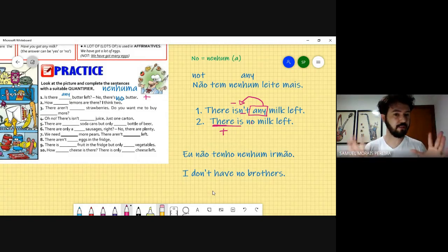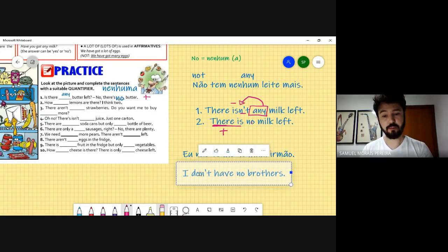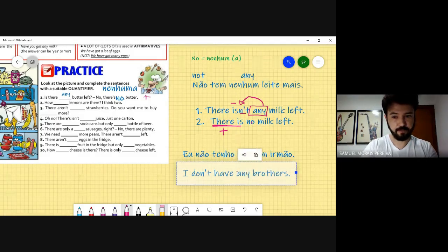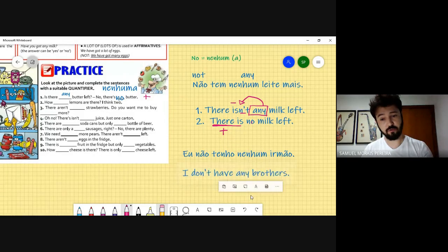Eu não tô falando de músicas de rap, essas coisas não, tá? In standard English, no inglês padrão, you can't use two negatives at the same time. So it's impossible to say don't and no. So when you have don't, você não pode usar o no, você tem que usar o any. Mas se você quiser usar o no, você pode.